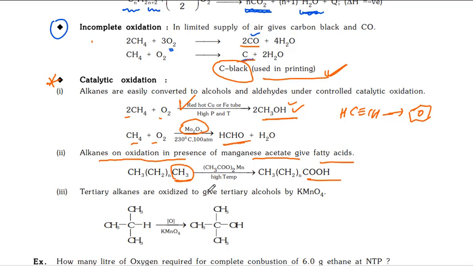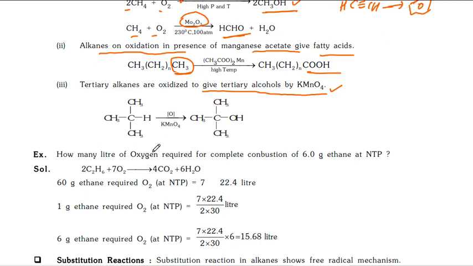Okay, manganese acetate. Then tertiary alkanes are oxidized to give tertiary alcohol by KMnO4. See here, just this hydrogen gets oxidized. So for KMnO4, you have to remember these catalysts.